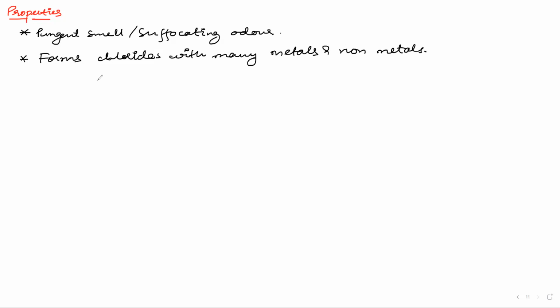For example, if you have sulfur in S8 form and you react this with Cl2, you will get S2Cl2. Not 4 times because it is 8, so you have to put 4 here also for Cl2. Second point is that it has affinity towards hydrogen.